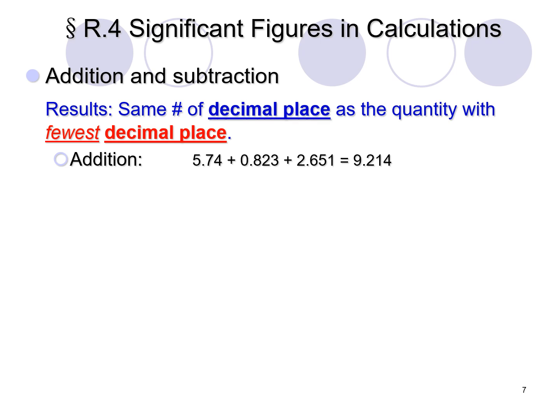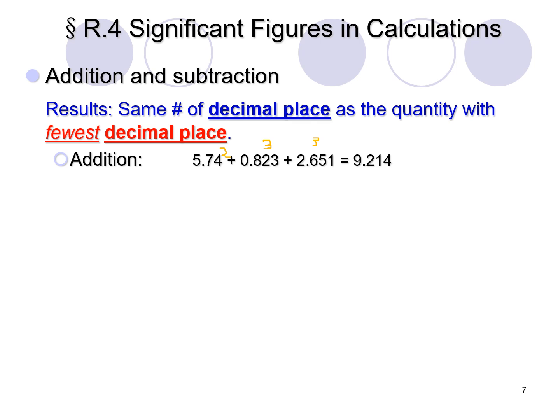Remember, our result should have the fewest decimal places, right? So let's count. 2.74, how many decimal places? 2. 0.823, how many decimal places? 3. 2.651, 3. How many decimal places do we expect in our answer?